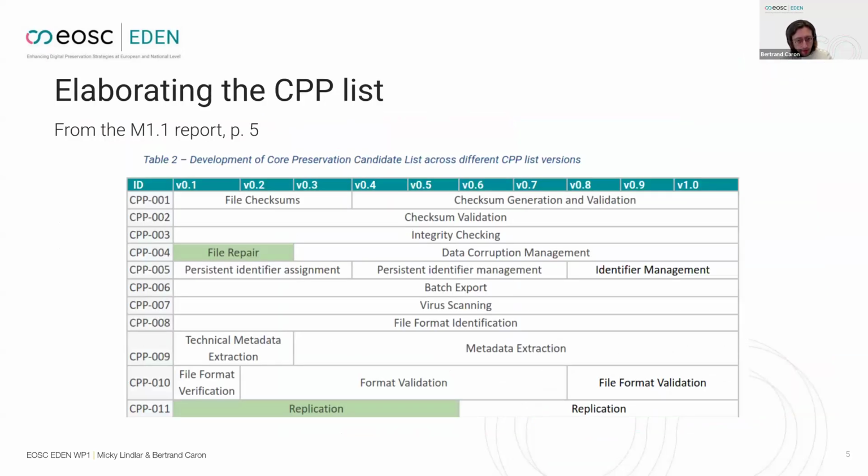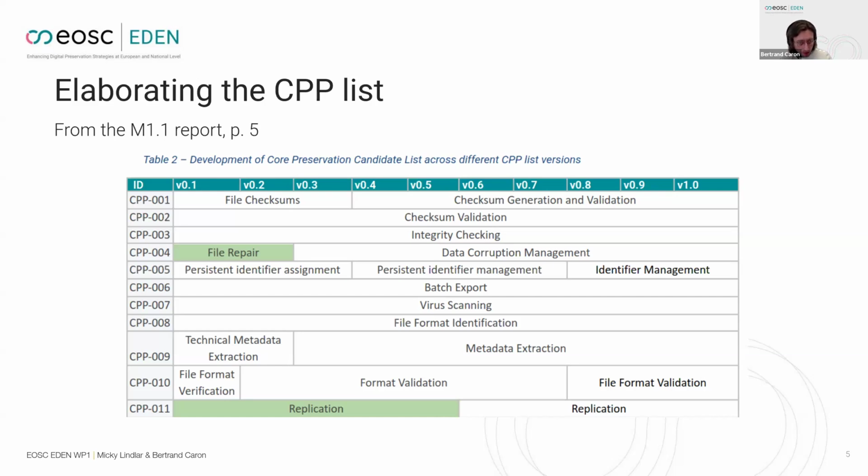So starting from the initial list, we started an iterative process, and you see here the evolution of the initial list to the final one in version 1.0. You will be able to find this table in the report that I will mention in the next slides.